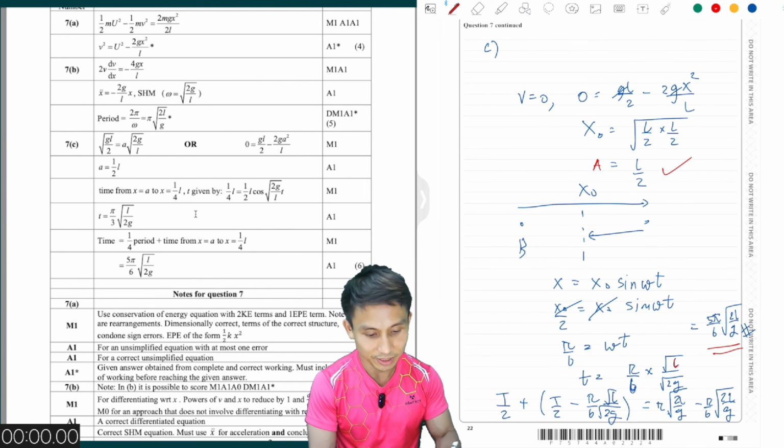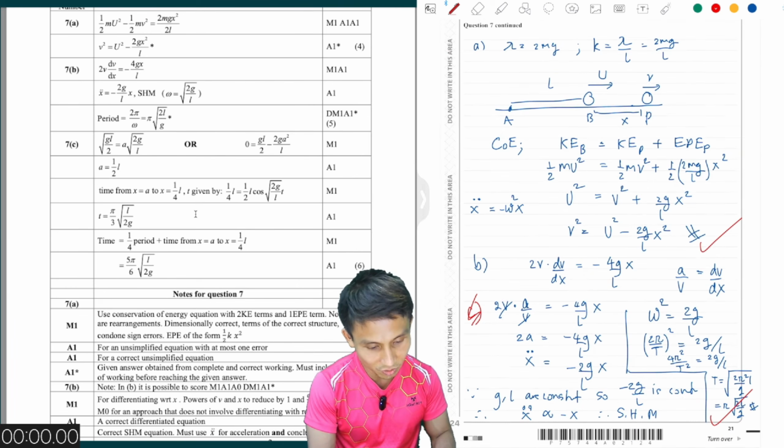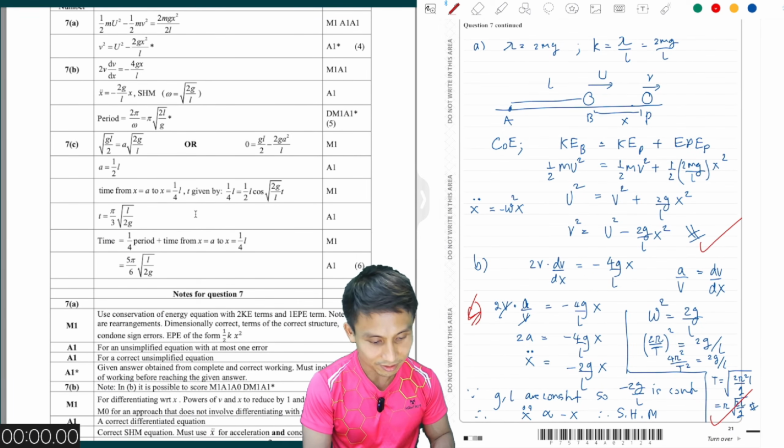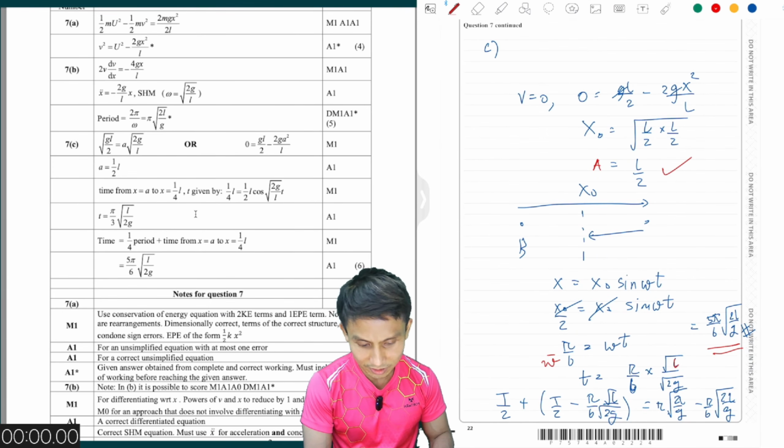Oh, yeah, because when I divide this by omega, what was omega again? Omega was root 2G over L, right? So, well, that's right. Hang on. Pi over 6.